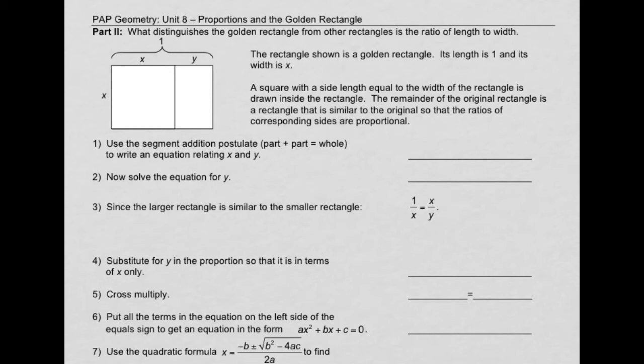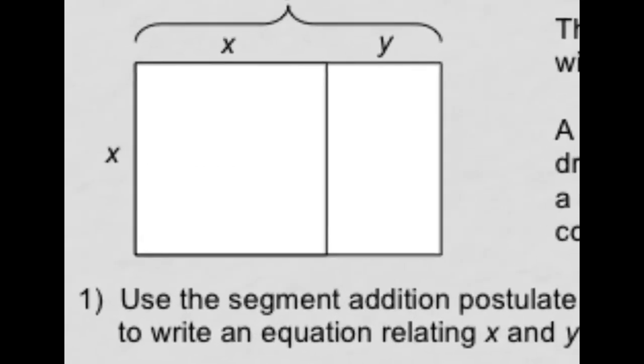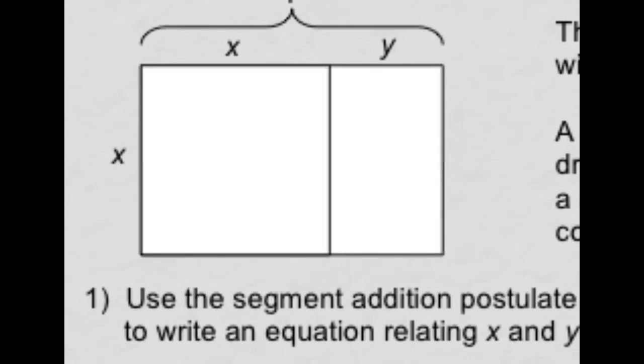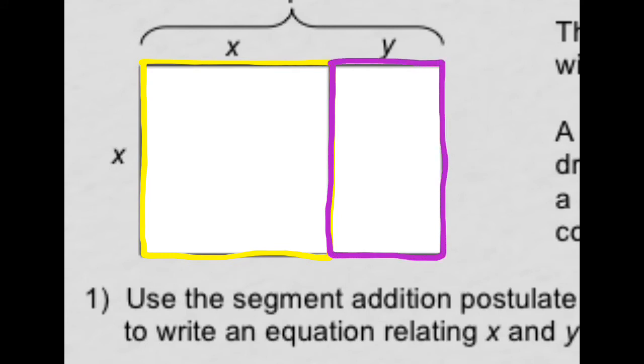Okay. Let's take a look at what this really means. Here you have a square drawn inside our golden rectangle, right? Alright, so once you've cut that square out of the golden rectangle, you're left with this rectangle here.